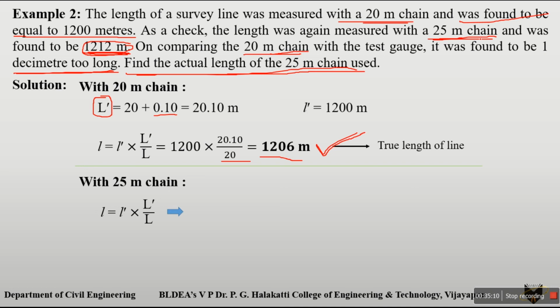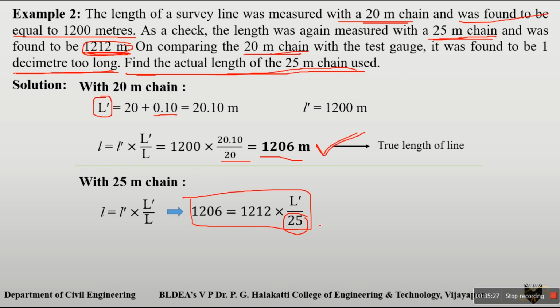Here we know small l, the length measured using the 25-meter chain, is 1212 meters. Put in the values like this. Here the chain length is 25 meters, remember that one.